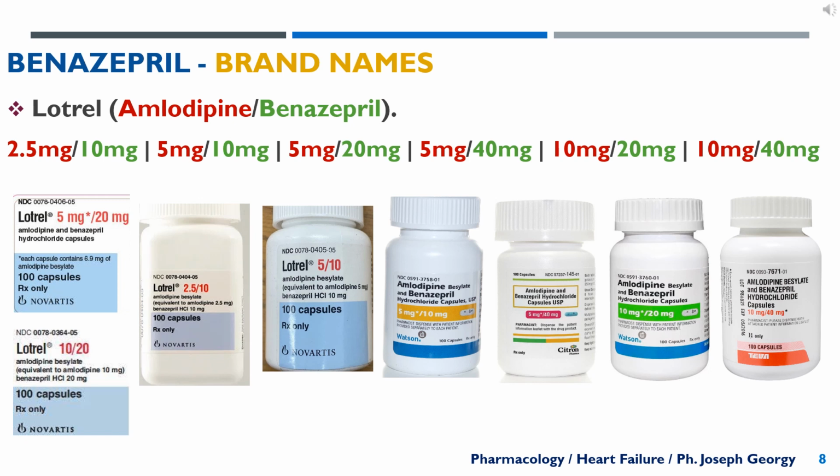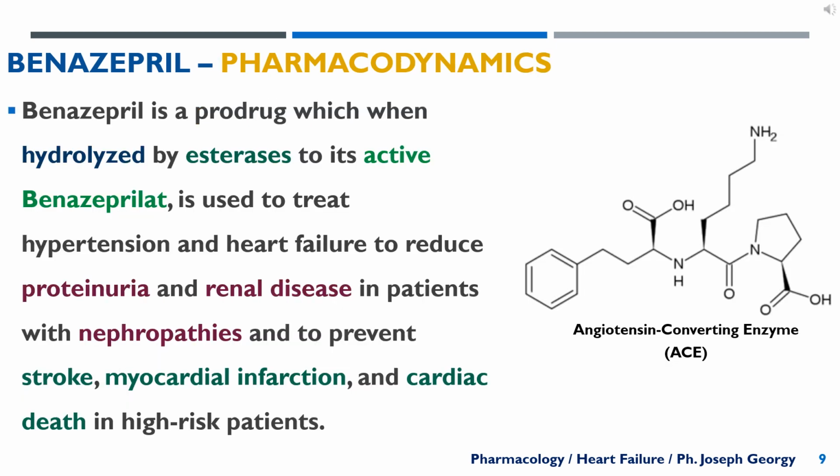The first number stands for amlodipine, not benazepril. Here, the second number stands for benazepril. Actually, we have all of these doses: 2.5 over 10, 5 over 10, 5 over 20, 5 over 40, 10 over 20, and 10 over 40 mg. Now about its pharmacodynamics.